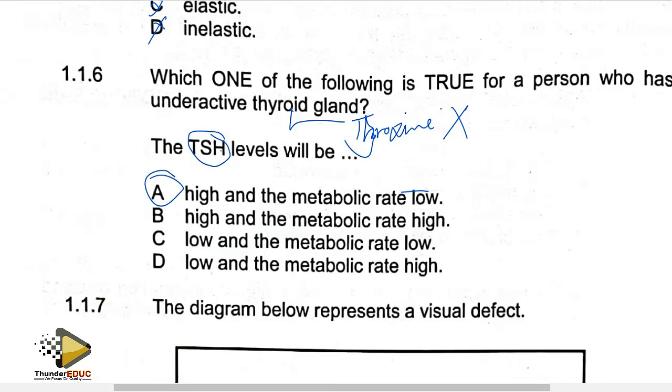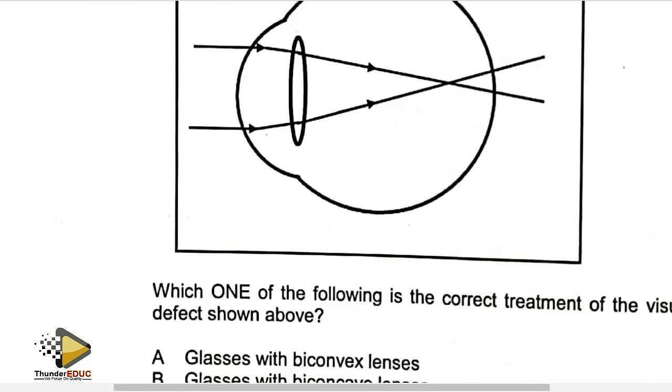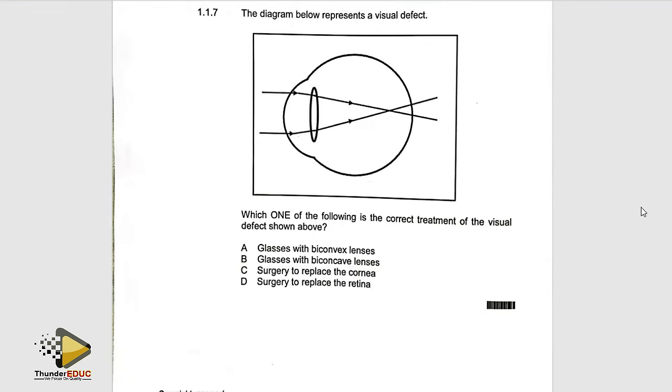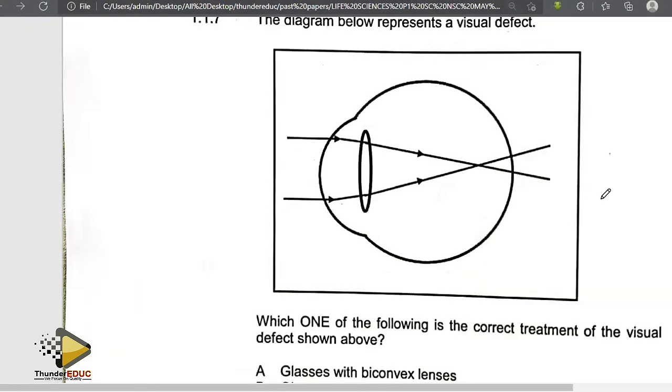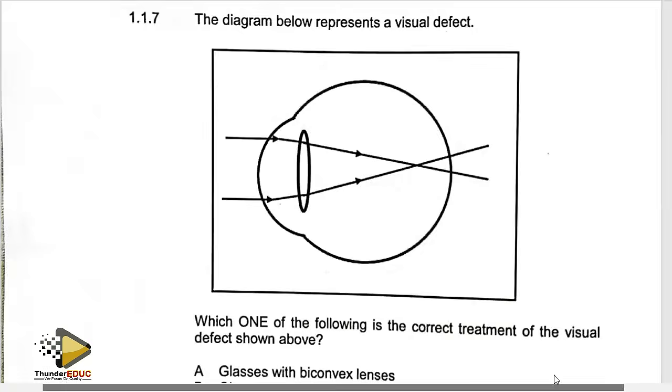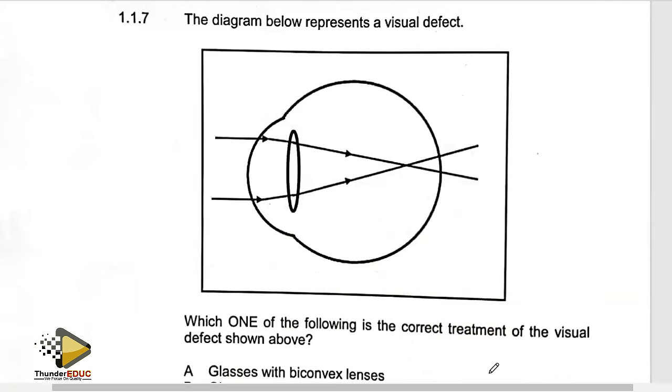And then number 7, 1.1.7, they're saying that the diagram below represents the visual defect. What is the visual defect? Now, if you look at this, let me make it a little bit bigger so that you see it clearly. The image is supposed to be formed here at the retina, but now it's forming in front.